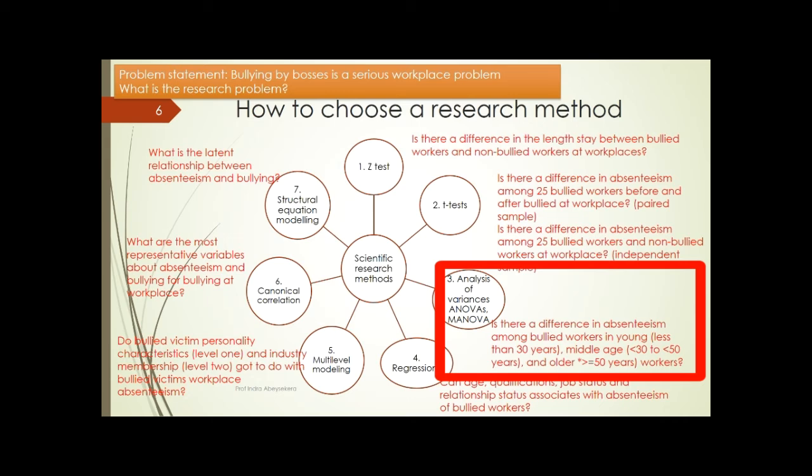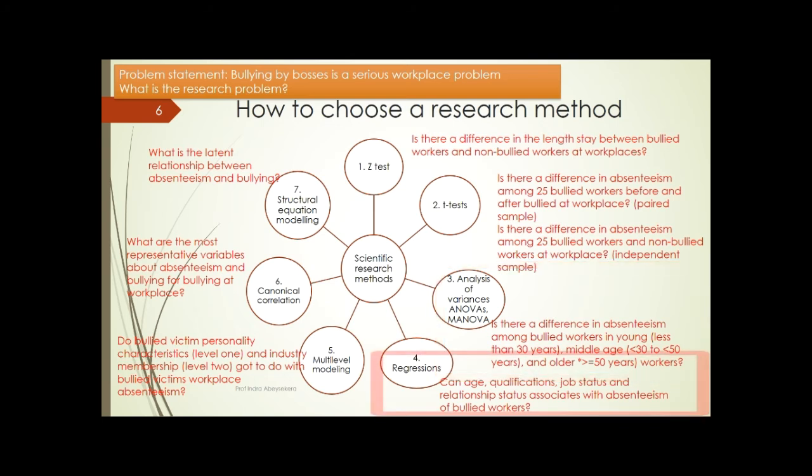Absenteeism is the dependent variable, but workers are now tiered into 3 levels by their age, and we can make conclusions about how age influences absenteeism of bullied workers.